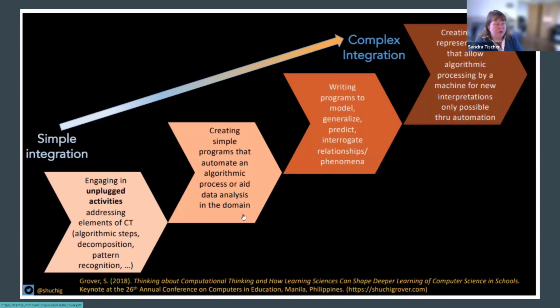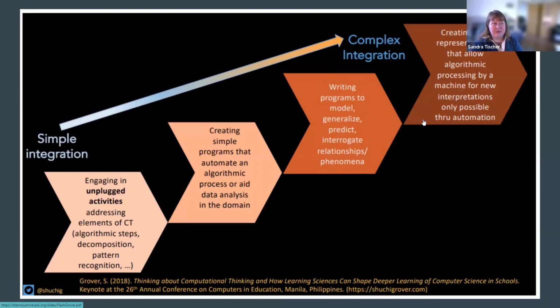That's a simple integration, but again, we have to start somewhere, right? If we go for the other step that I showed with CS and math and Scratch or on code.org, that would be a little bit up because we're actually using technology or integrating that one step further into our curriculum. Writing programs, again, that was the model for the modeling, predicting, almost there.